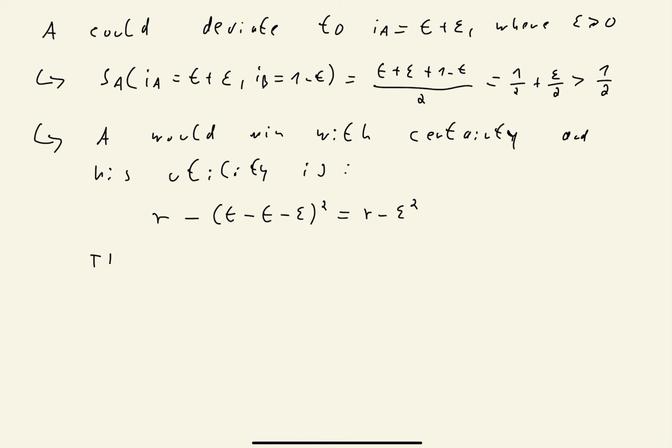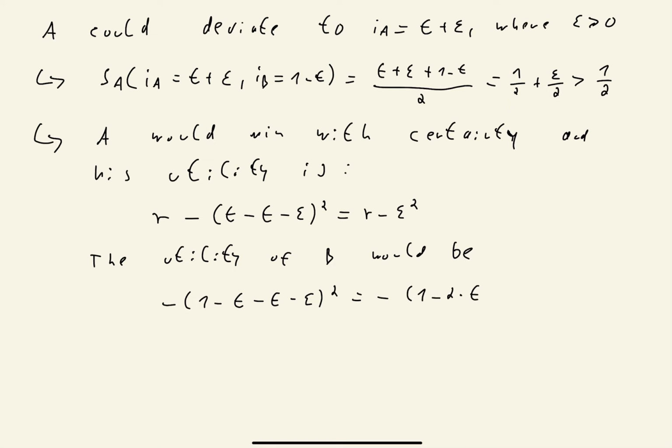The utility of B would be minus 1 minus T minus epsilon to the power of 2, and this is then equal to minus 1 minus 2 times T minus epsilon to the power of 2.